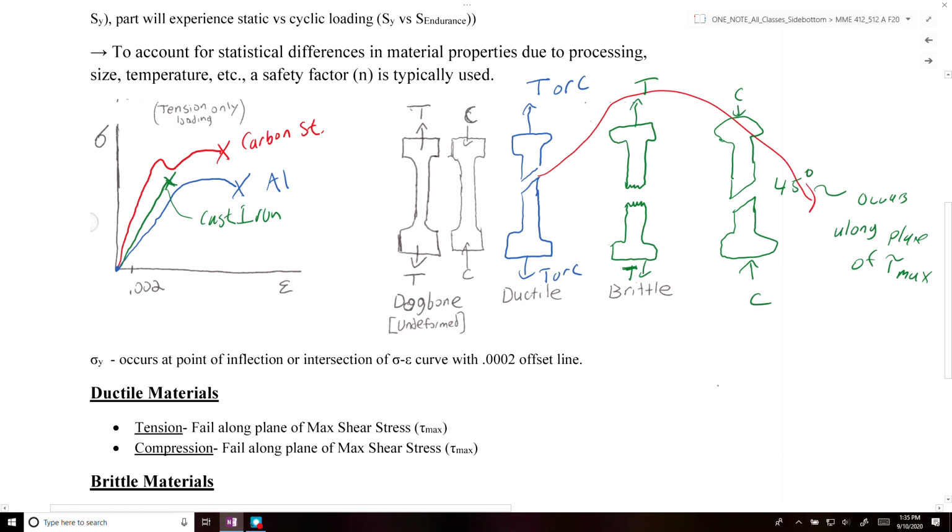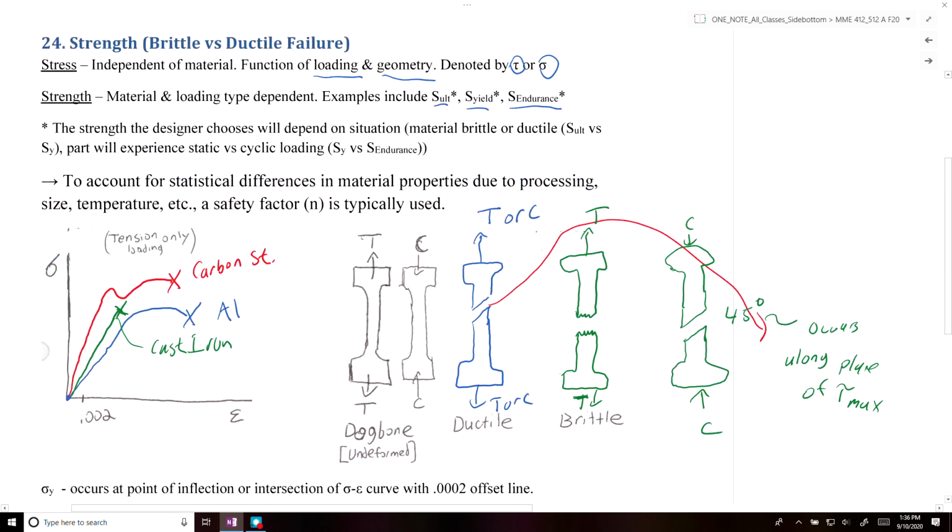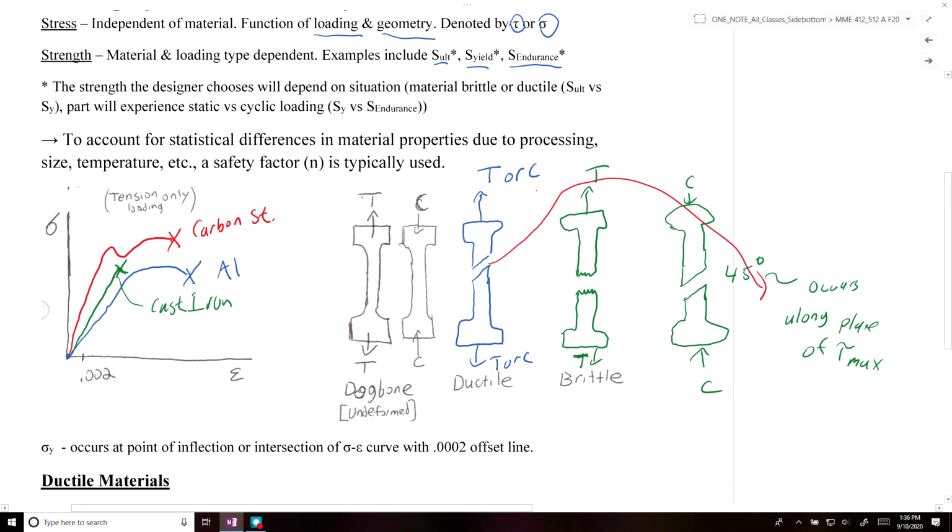So in short, the very last thing I have to mention is that the yield strength of the material typically occurs at the point of inflection.